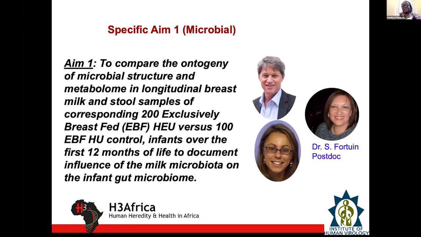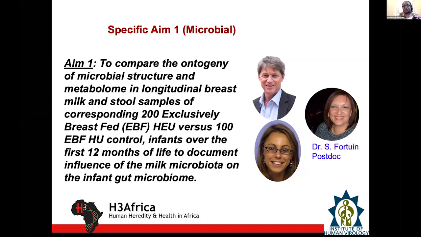So we had 3 specific aims, and they were led by colleagues both at the University of Cape Town in South Africa and also at the Institute of Human Virology in Nigeria. Our first aim was to compare the ontology of the microbial structure and metabolome in longitudinal breast milk and see its influence in stool samples, basically extending some of the work that we have done with the gut infant microbiome.